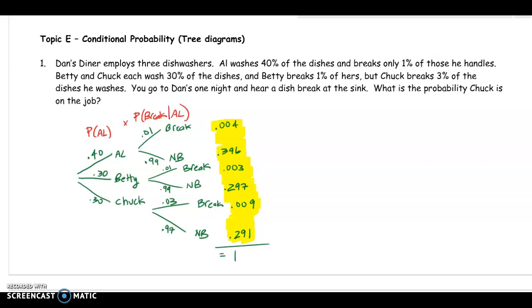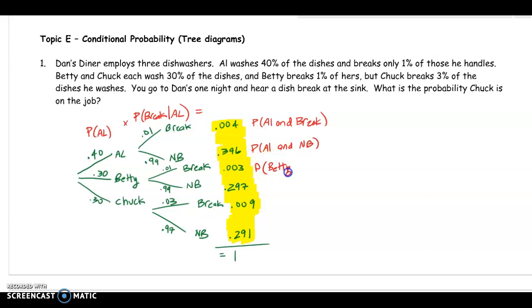So given that you're on Al's branch, when you take those two probabilities, the 0.004 is giving you the probability of Al and break. This is the probability of Al and no break. And so on. The sample space is all of the different ands that are possible.